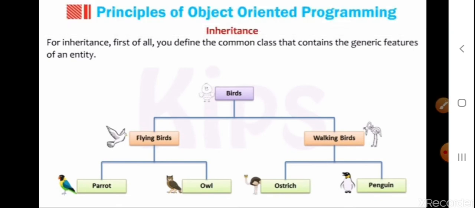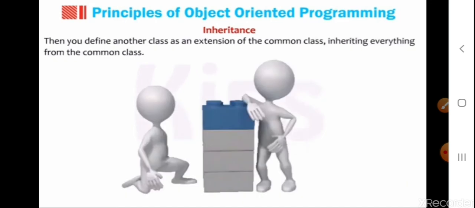For inheritance, first of all, you need to define a common class that contains the general features of an entity or object. Then you define another class as an extension of that common class, inheriting everything from the common class.